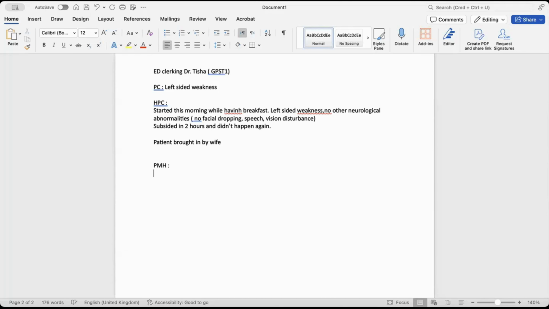So again, we'll take a past medical history. Let's say this patient has hypertension. And what else do we do after past medical history? Medication history. Yeah, medications. And then we write this patient, let's say, is on Ramipril. And with these patients, especially the ones that are query stroke or TIA, it's important to ask them if they're actually taking their medication.